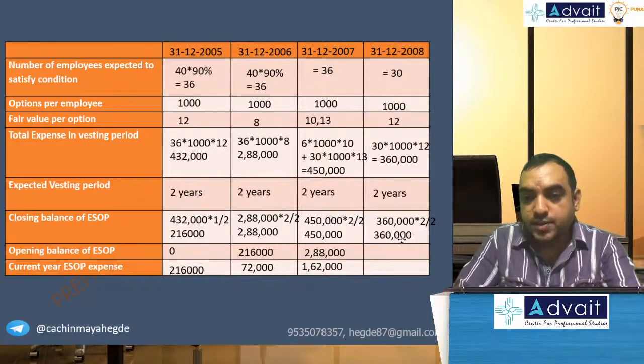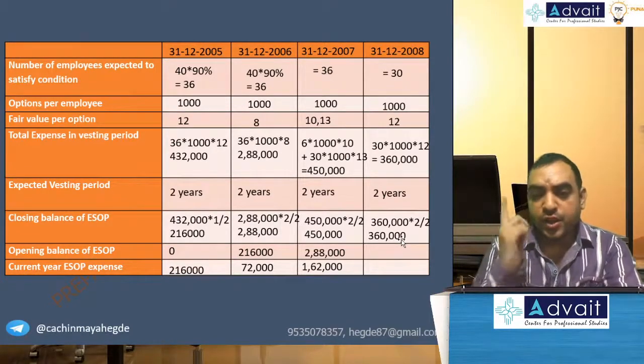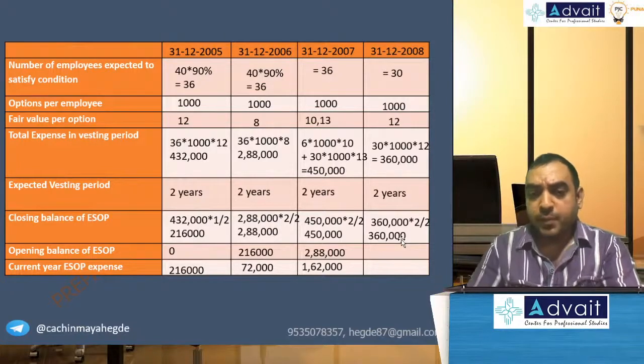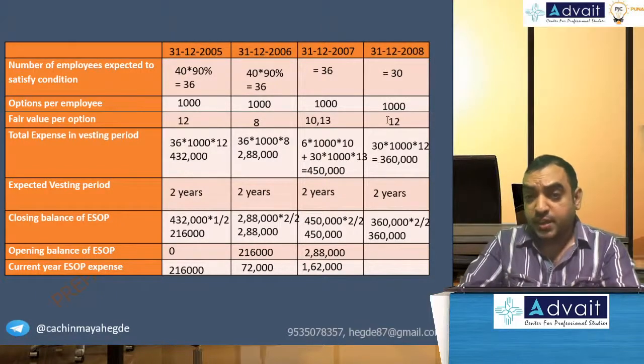Okay, opening balance, my dear friends, you have to be a little bit careful here. Only one thing to be careful about in this period: opening balance, don't take 4,50,000, because 4,50,000 is for the entire 36 employees, but we are taking 30 employees only.